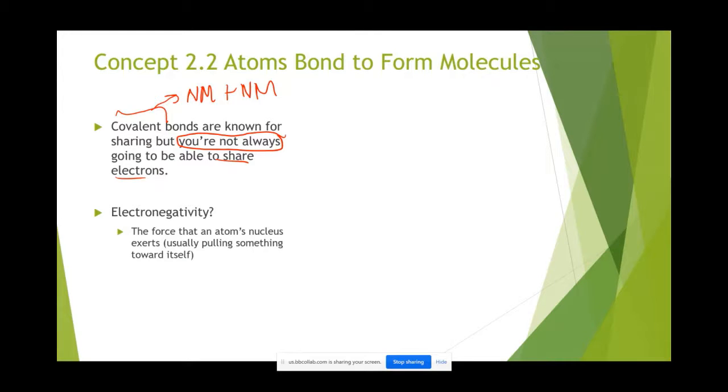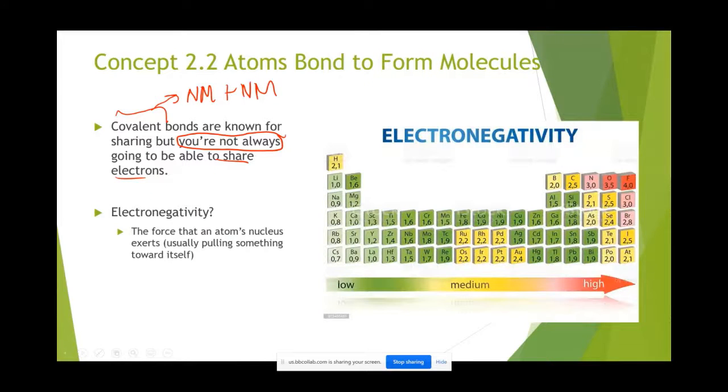So what we're talking about here is that some atom is much stronger. It wants electrons very badly from the element or atom that it is near. So here we have the periodic table, okay? This is a good indicator. As you go up this direction, you have very high electronegativity here, very low electronegativity here.